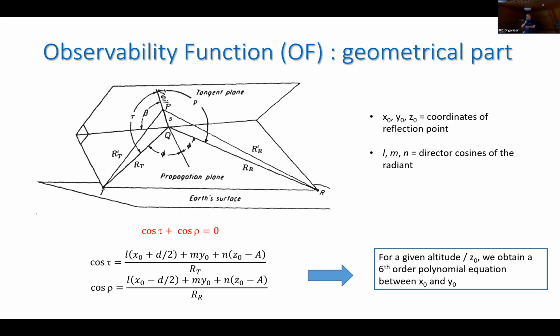But when you do the math, which was done in '97, you obtain, at a given altitude, a relation between x0 and y0. These are the coordinates of the reflection point. So at a given altitude, at a given time, when the radiant is in a given position, you obtain a curve at an altitude that gives the potential position of the reflection point. If something is happening there, you will be able to detect it. If it's not there, you will not.